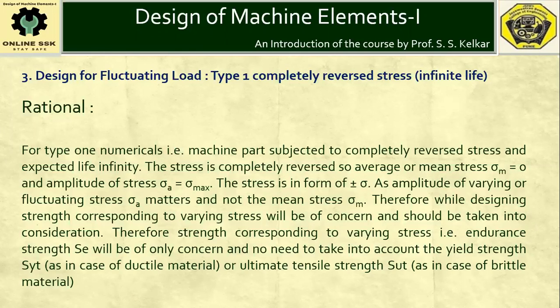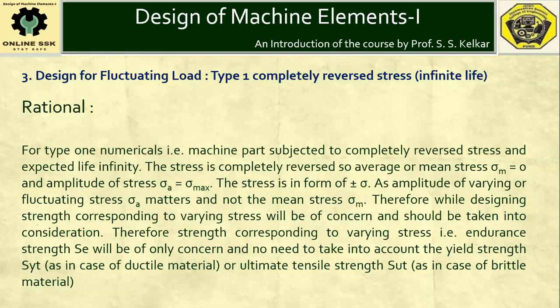Generally, for static loads, whenever we design, we equate the induced stress with the permissible stress. In case of completely reversed stresses, the stress is in the form of plus minus sigma, say plus minus 100 Newton: 100 tensile, and during the half work cycle, 100 compressive, plus 100 to minus 100.